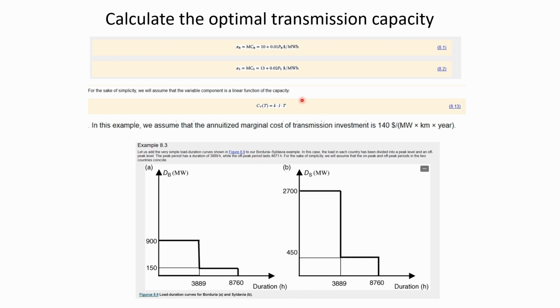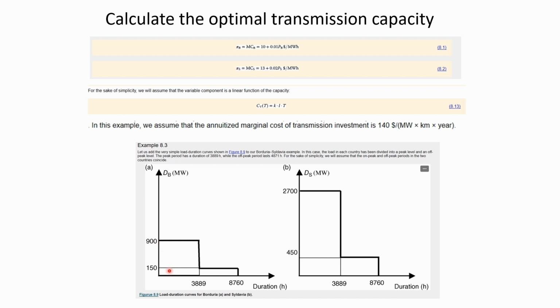This here is the yearly cost of having built an interconnection between the two areas. The K value here is assumed to be $140. And L is the length of the line. This is a 1 year time period. And here you can see the load in the different areas.